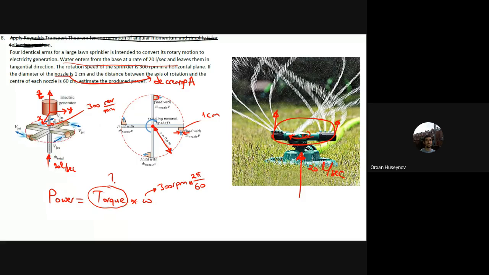This is the sprinkler problem. It is not possible that it rotates about the x-axis or the y-axis. There is only the possibility that you will have moments about the z-axis. Therefore, I will take the z-axis here. The moments will be equal to m dot v r out, again about the z-axis, minus m dot v r in, again about the z-axis.